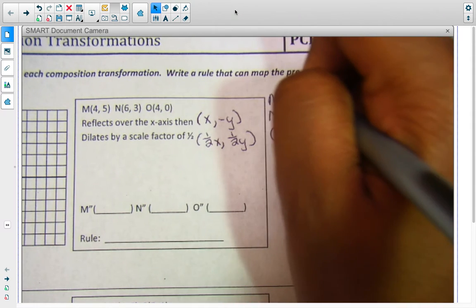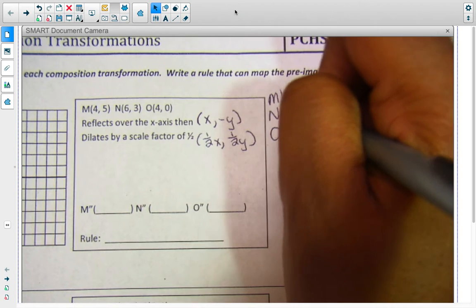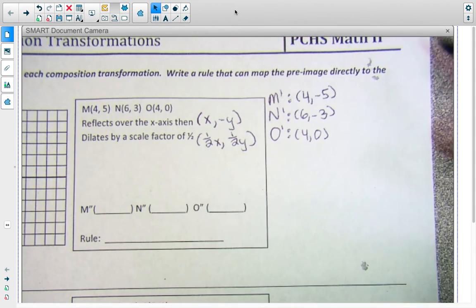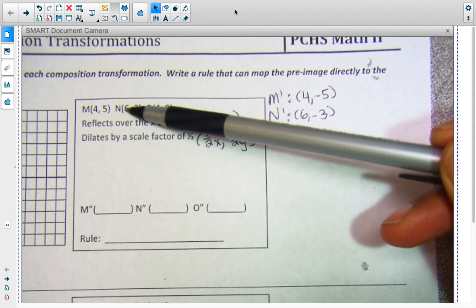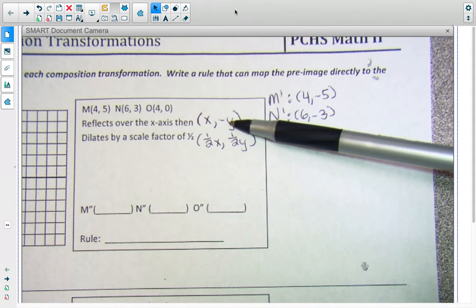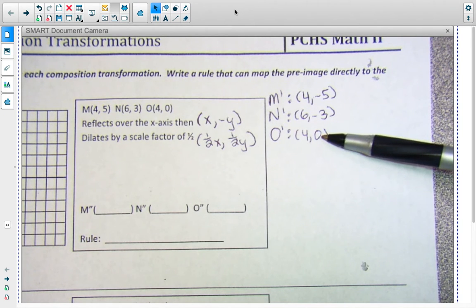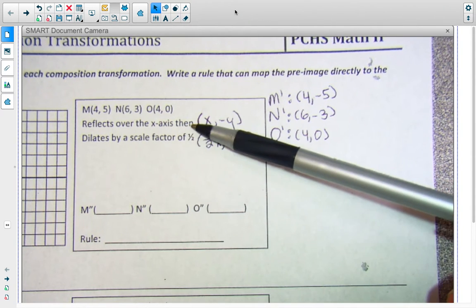So that's going to give me (4, negative 5), (6, negative 3), and (4, 0). I kept all the x coordinates that they gave us, and I did the opposite sign for the y. I changed all of these y coordinates to a negative, and we know 0 doesn't have any positive or negative charge to it. So that takes care of the first part, reflecting over the x-axis.